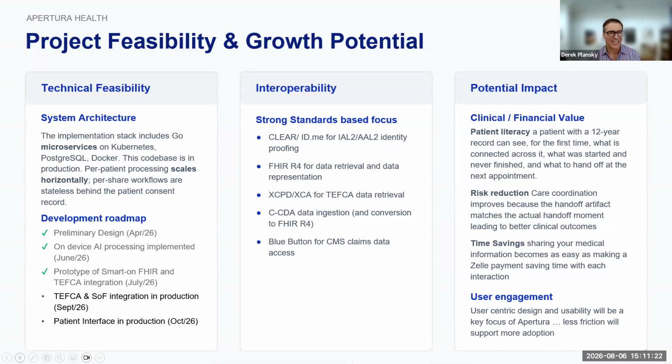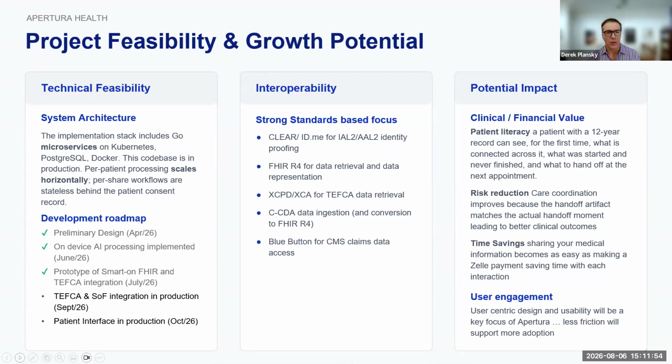We believe collectively that all of this information will have three primary impacts in the healthcare ecosystem. First of all, there will be improved patient literacy because a patient will be able to interact with their entire medical record and have a more cohesive way of interacting with it. We also believe that there'll be impact in terms of risk reduction because the care coordination will enhance communication between providers and at those various handoffs from one provider to the next.